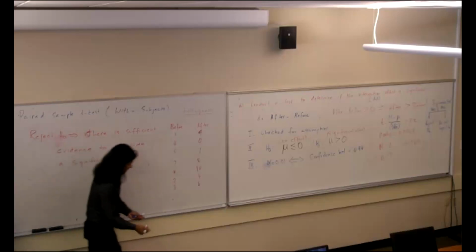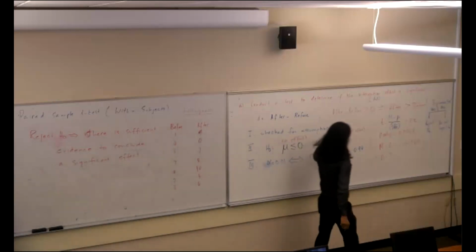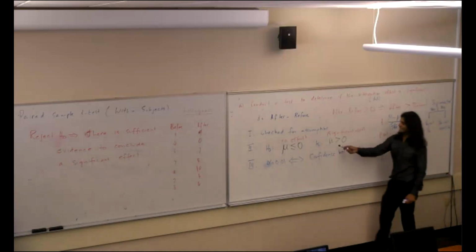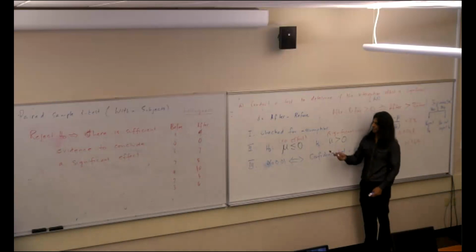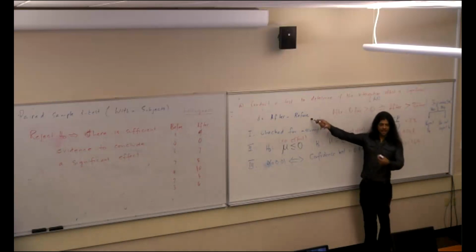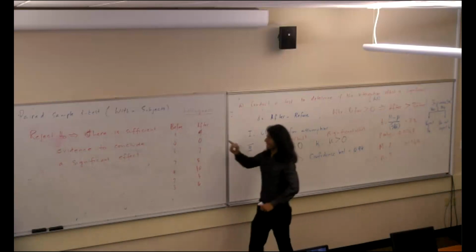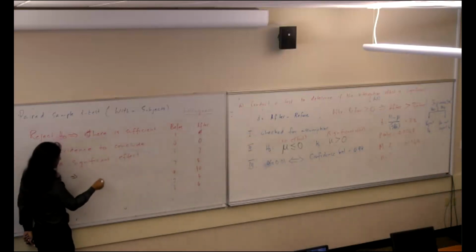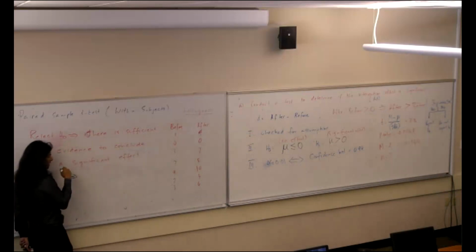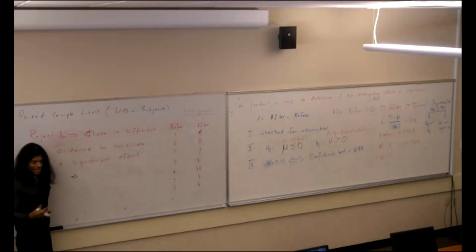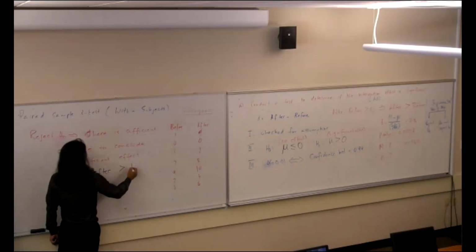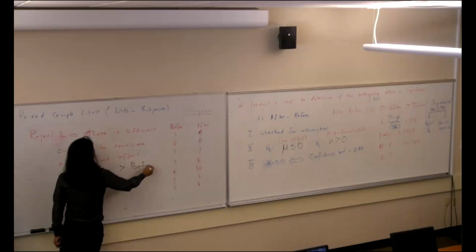What is this effect that we are referring to? Mu bigger than 0. Well, mu is the average difference. Difference is after minus before. Significant effect would simply mean the average values of after is bigger than the average values of before. So our conclusion is after is bigger than before.